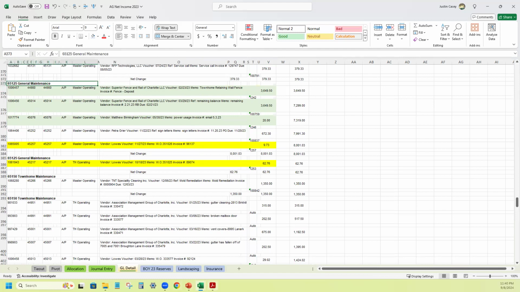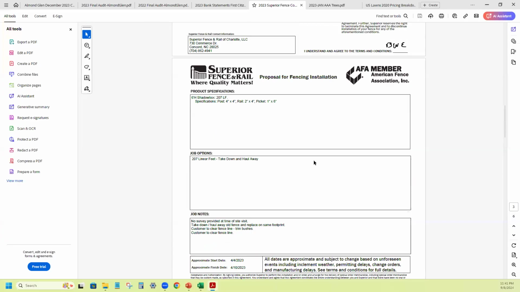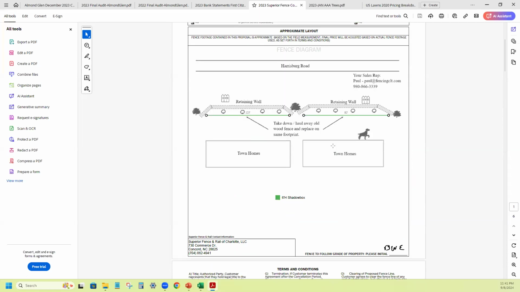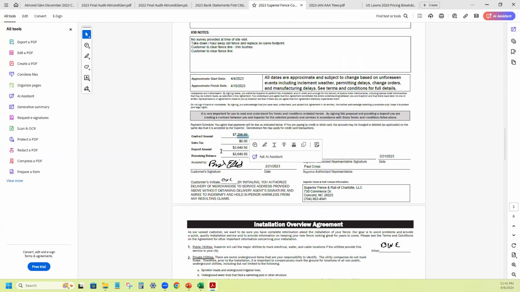But then going into the invoice level, I have view only access to the invoices that we pay to vendors. Taking a look at the invoice here, it says we need to take down and haul away the old wood fence in between a couple of townhomes on Harrisburg Road. And so the total cost of that was $7,300.